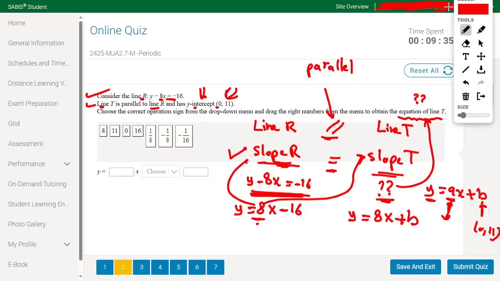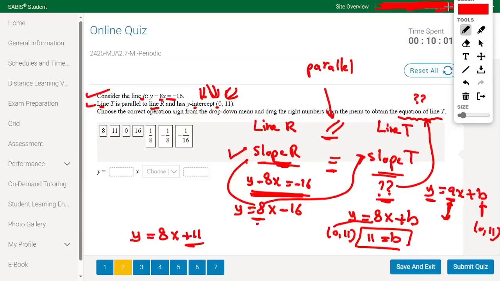Now, line T passes through the point 0 and 11. So substitute here the point 0 and 11. So 11 will equal b, because x is 0. So now the equation will be y equal to 8x plus 11. So the answer here is y equal to 8x plus 11.